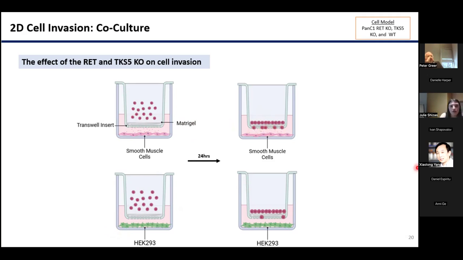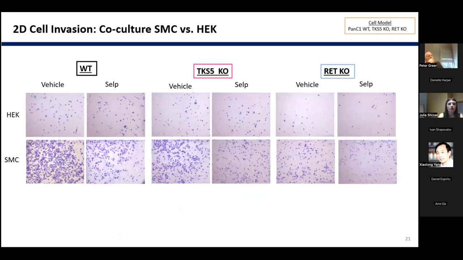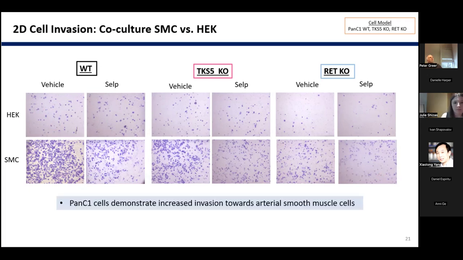When we look at 2D cell invasion, just comparing SMC versus HEK cultures, you can visibly see that the cells co-cultured with SMC cells were able to invade much more than the cells co-cultured with HEK cells. This is what we expected to see, seeing as SMC cells, arterial smooth muscle cells, secrete a lot of different growth factors, including GDNF.